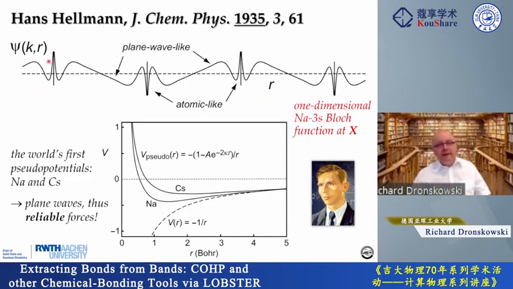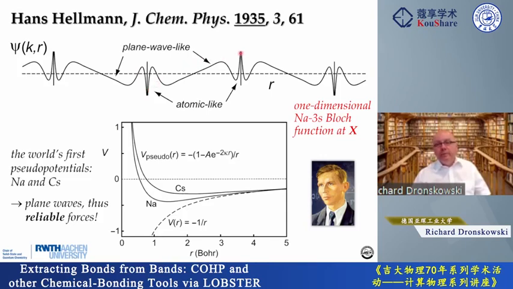It starts here, then it has many wiggles, then it goes down, has more wiggles here, and it goes up with many wiggles here and goes down. So here, the wave function is telling us I'm a 3s sodium atomic orbital. And here the wave function is also telling us I'm a sodium 3s atomic orbital, but I have a negative sign because this is a wave function at the zone boundary.